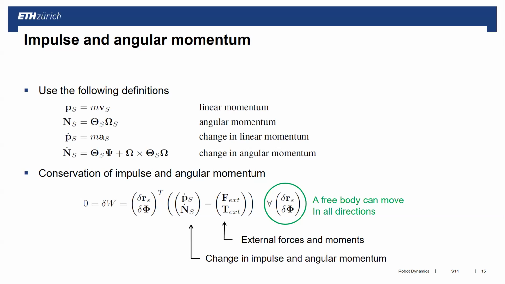If we had a constrained system, we had to make a free cut to make sure that we can move in all directions, so that this equation holds. Then these forces given by the joints become external forces to the problem. Then we had to get rid of these external forces.